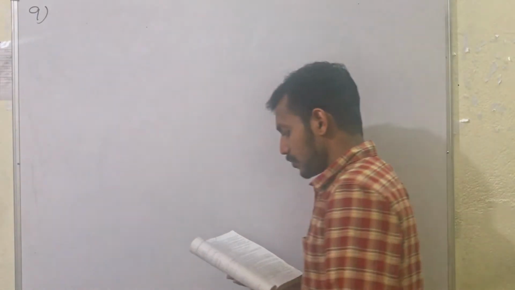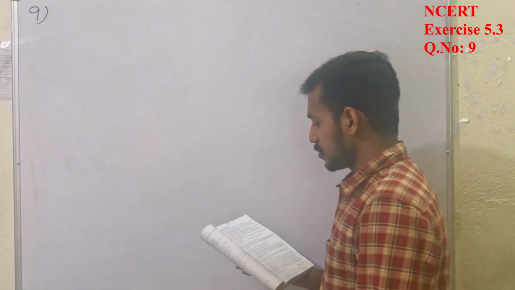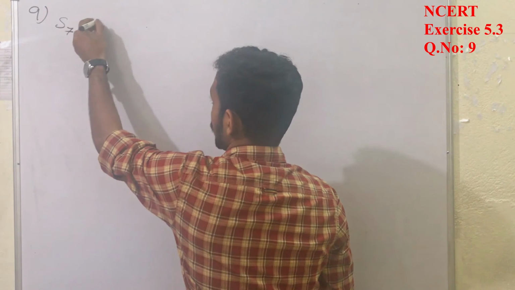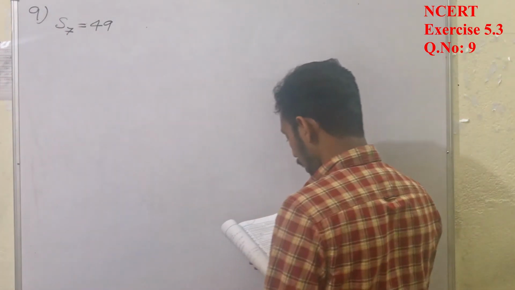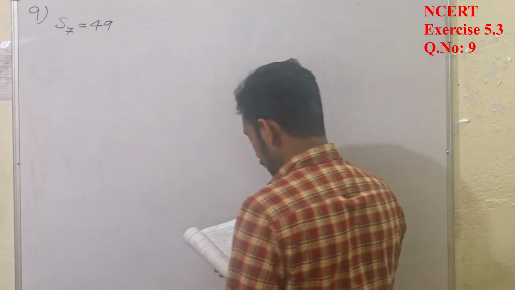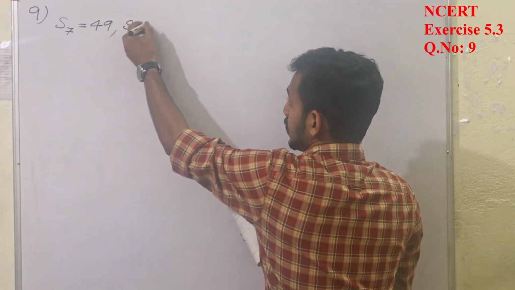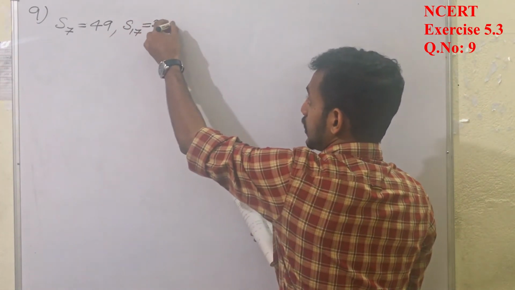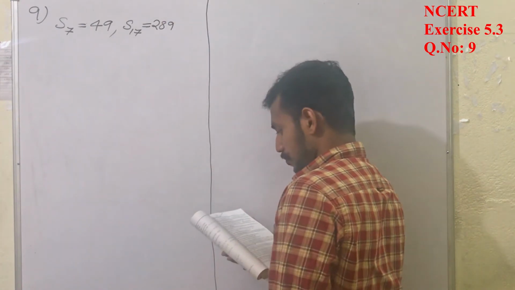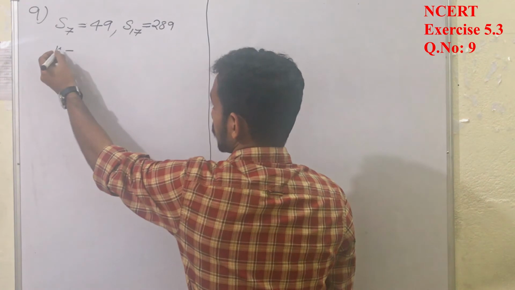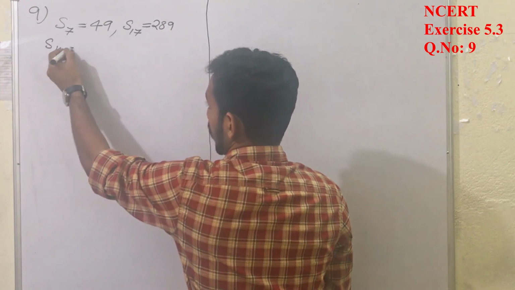Question number 9. If the sum of first 7 terms of an AP is 49, that means sum of 7 terms of an AP is 49, and that of 17 terms is 289. That means sum of 17 terms is equal to 289. Then find the sum of first n terms. Sn we have to find it.